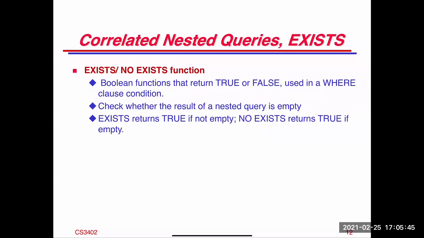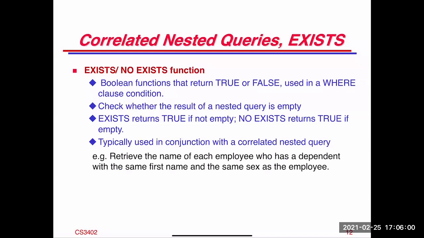Of course, exists returns true if it's not empty, and not exists returns true if it is empty. Typically, you're going to use this in conjunction with a correlated nested query. I can't think of any usage of this not in a correlated nested query.